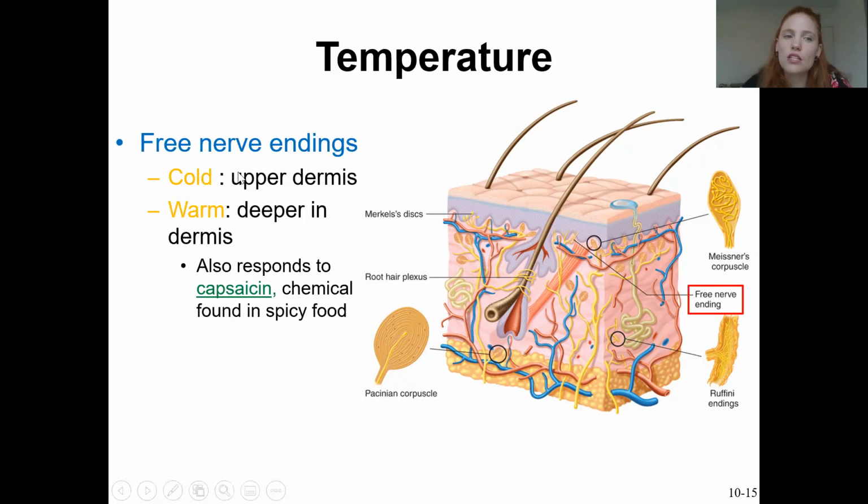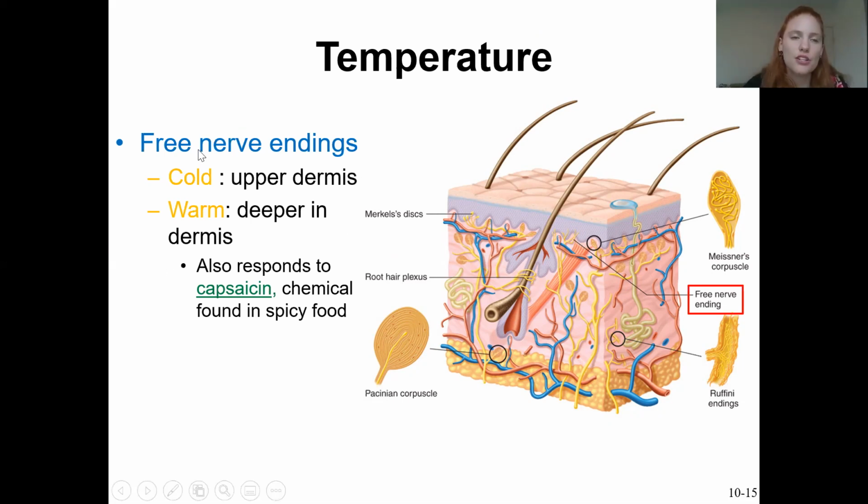All this means is the cold ones are activated as the temperature goes towards cold, and the warm receptors are activated as it goes towards warm. So what these really do is they are activated by changes in temperature, not just pure temperature. So anytime you swing towards cold or swing towards warm.